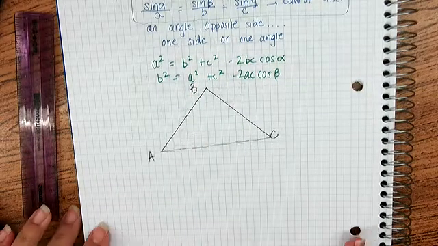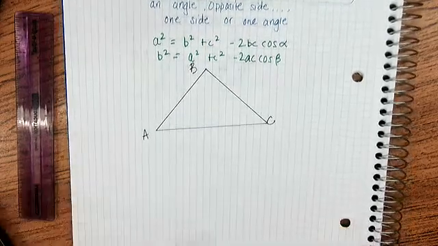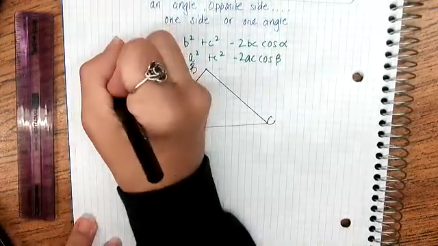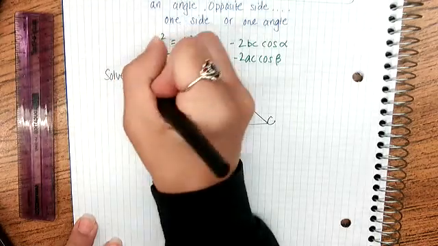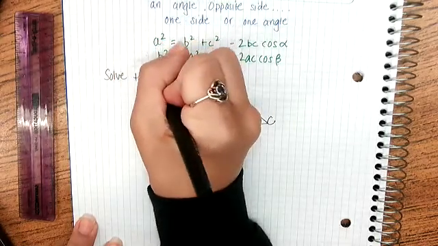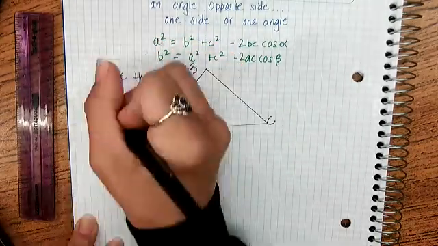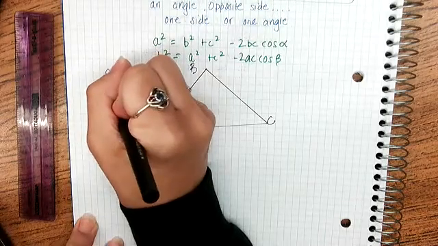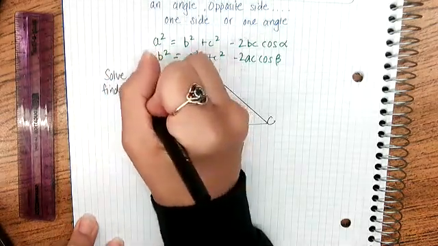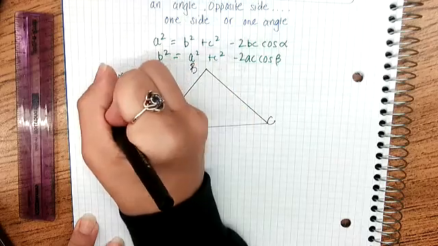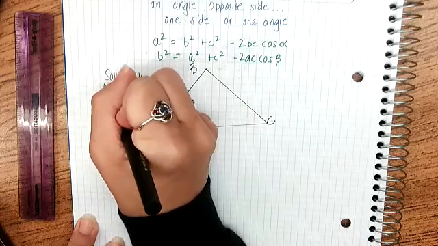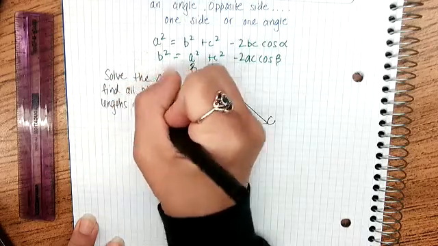If you are asked to solve the triangle, that means find all side lengths and find all angle measures. Solving a triangle means find all side lengths and all angle measures.